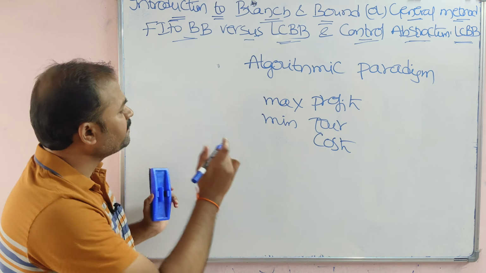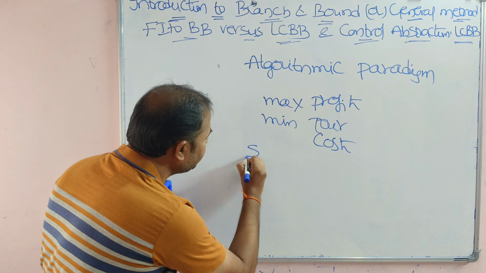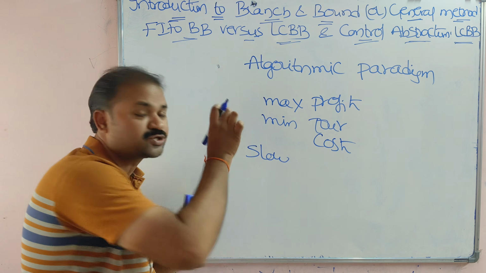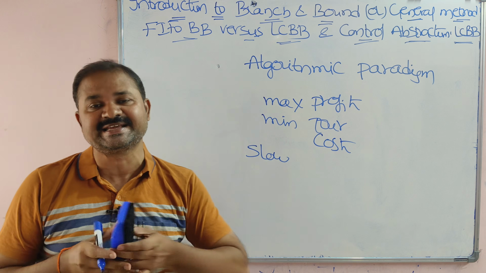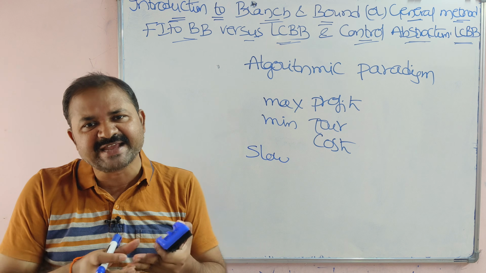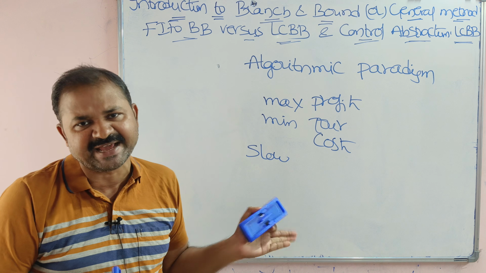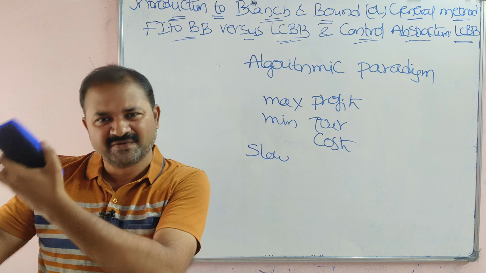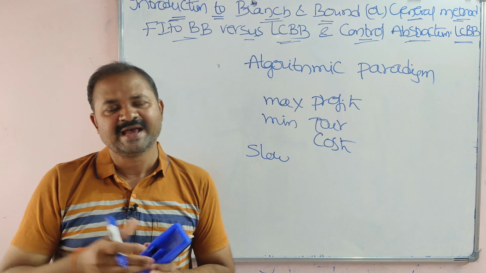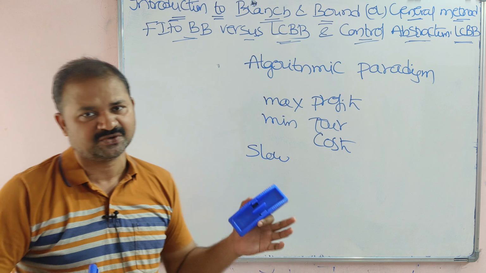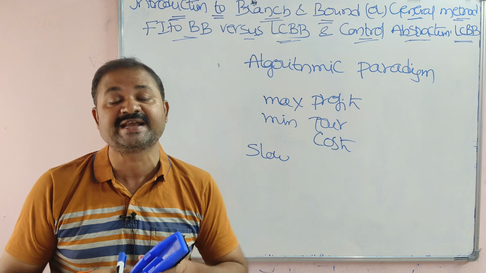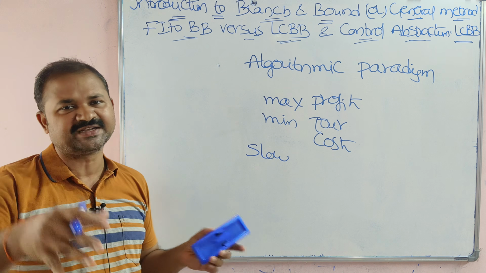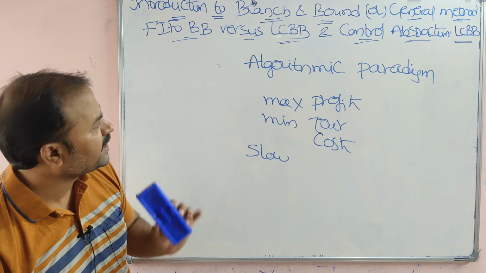The branch and bound method is very slow; it is the slowest design strategy technique. It takes more time for writing the algorithm, for executing the algorithm, as well as for verification, for checking whether it is producing correct results or not.